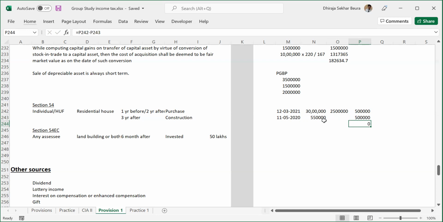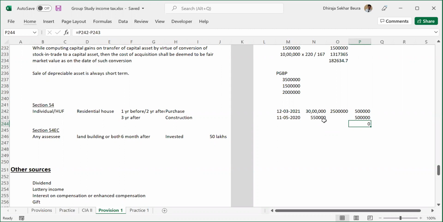Okay. Now, let me introduce one more concept here. What the income tax department saw was that people started purchasing another property just to take the benefit and pay less tax, and in a month or two sold that property also.